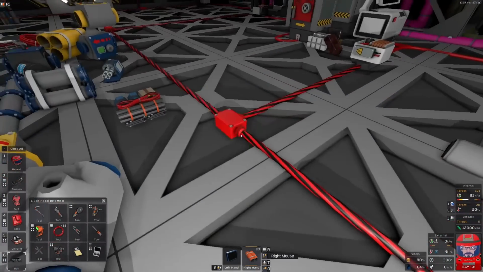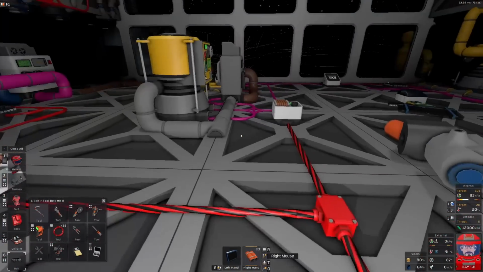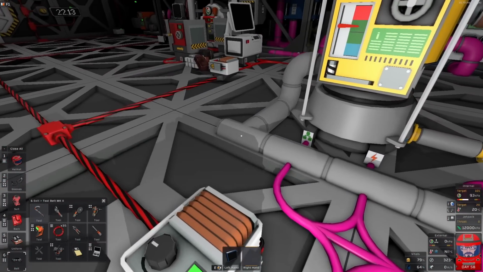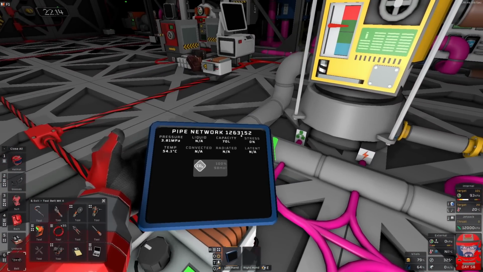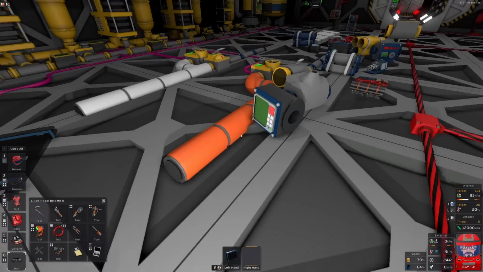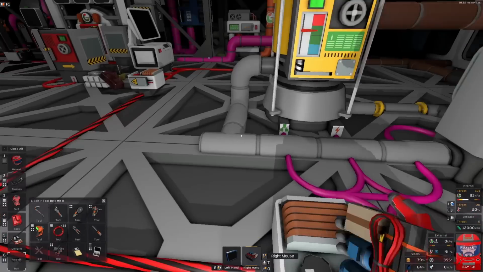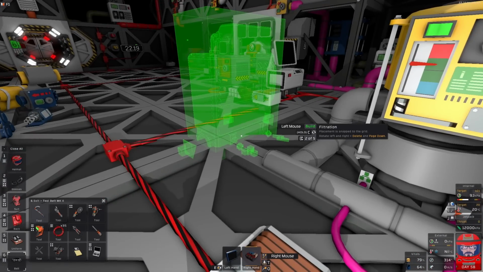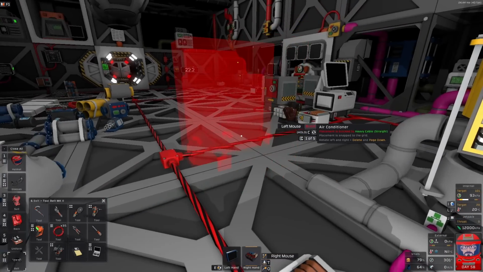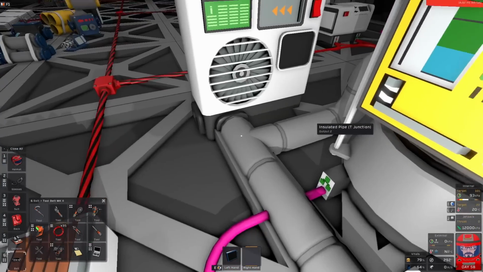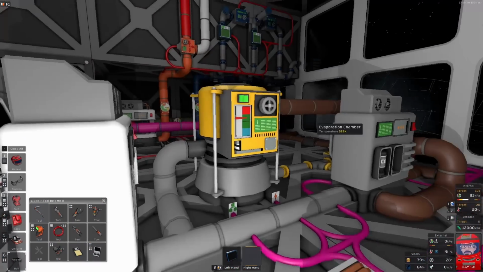Now this one here is also very handy because the CO2 coming out of here is at a temperature that is very good for things like, say, cooling down your room. If you want to hook up an air conditioner, you can dump all your heat into here.